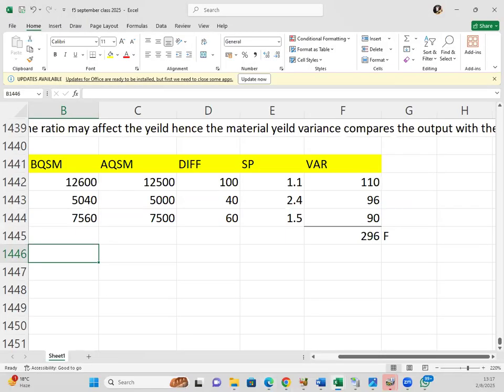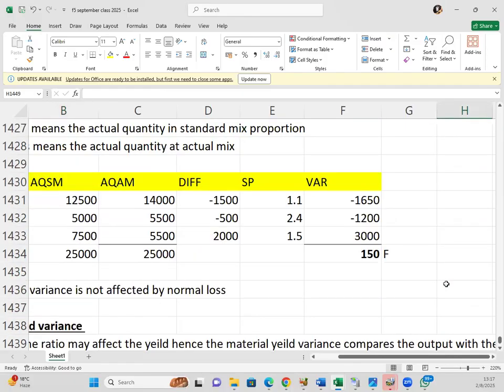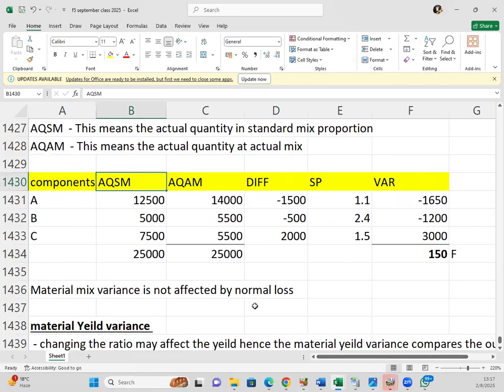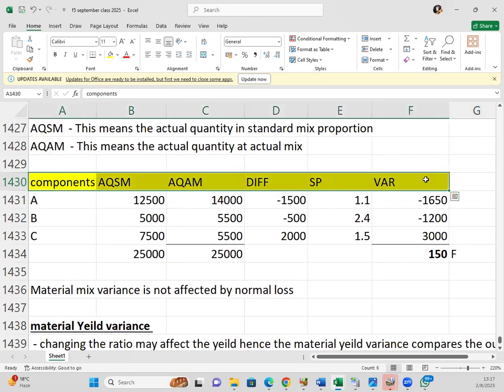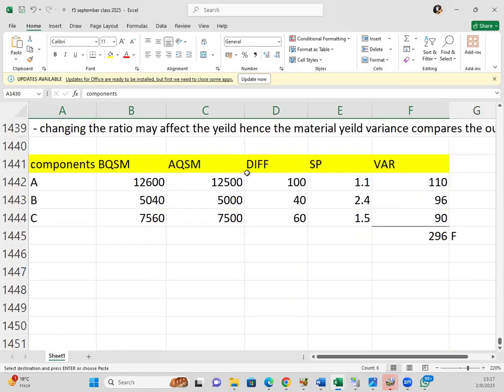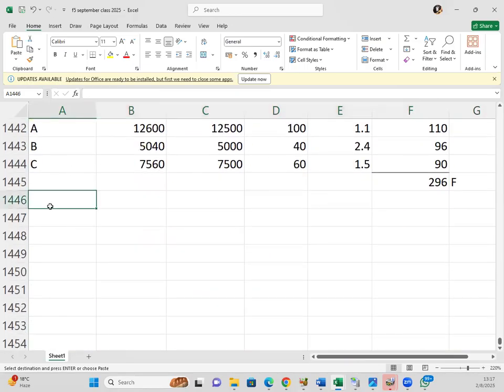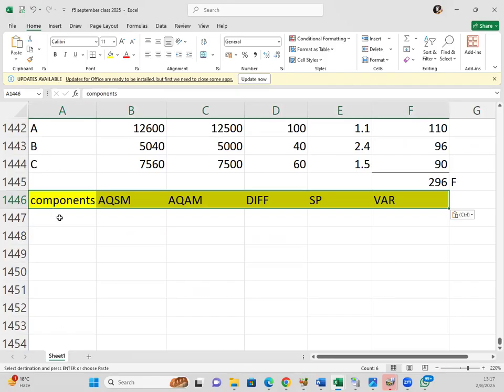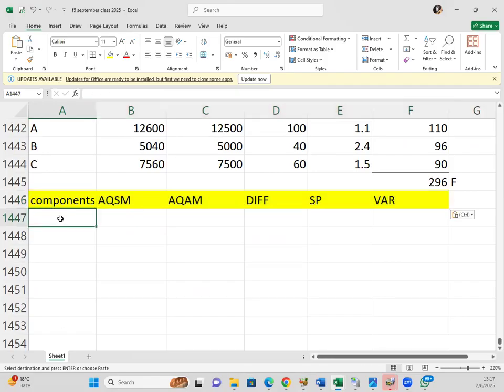For our mix variance, do we use the first layout? So which components do we have this time around? S1, S2, and S3.